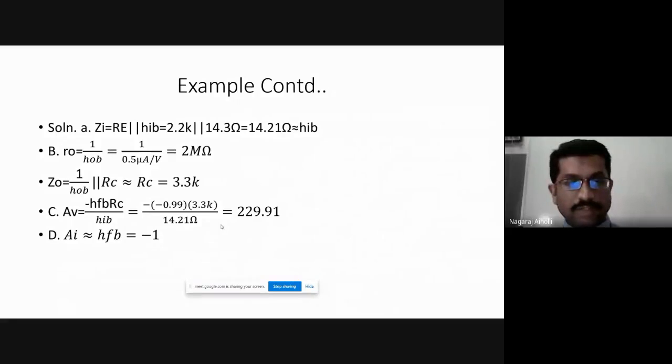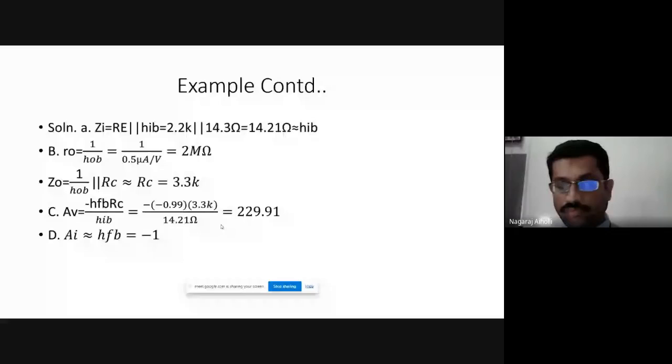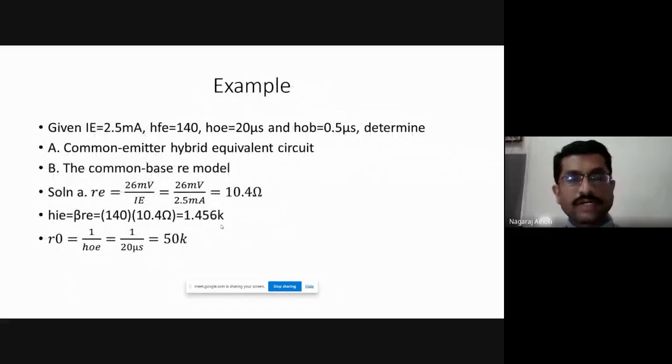Small RE is 10.4 ohms. 140 into 10.4 ohms. How much will you get? 1.456 kilo ohms. Am I right? Yes or no? Anybody getting the answer? Yes, sir. Okay, good.